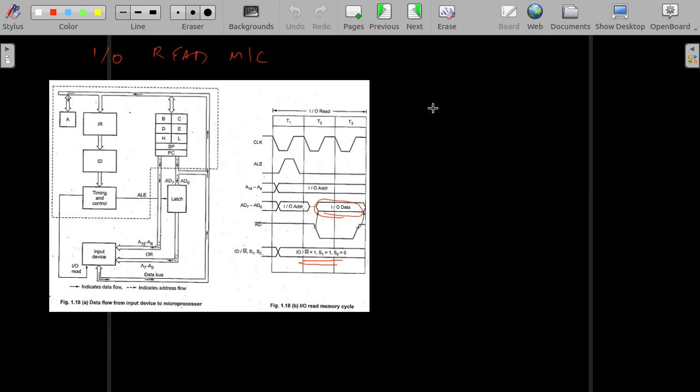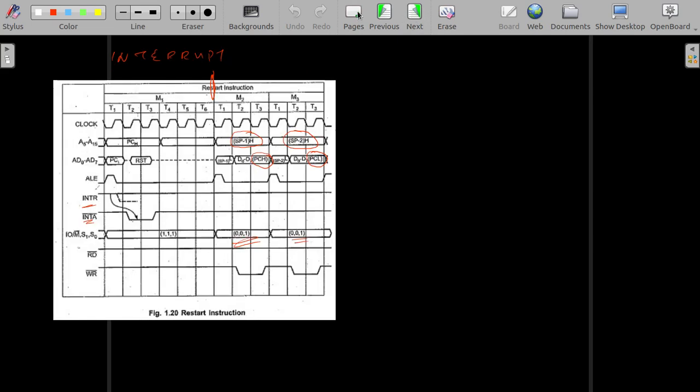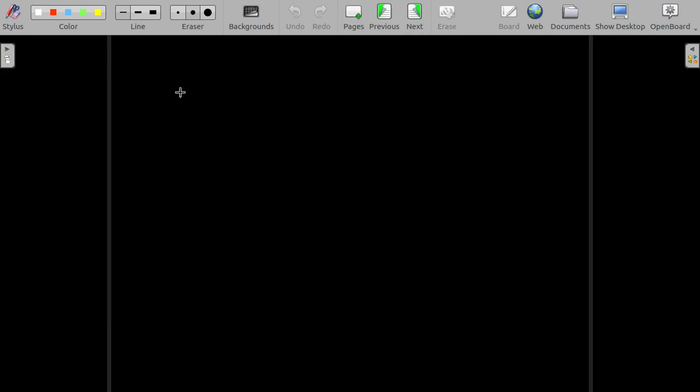For example, say you have an add instruction. Add means first of all you need an opcode fetch.